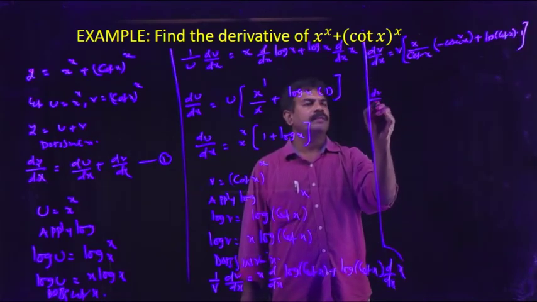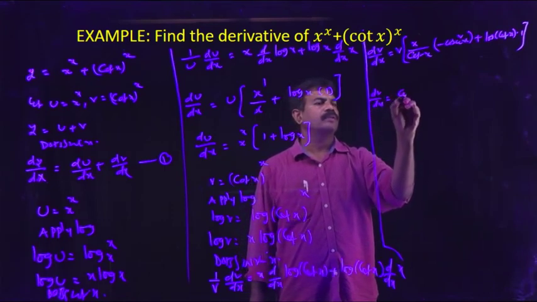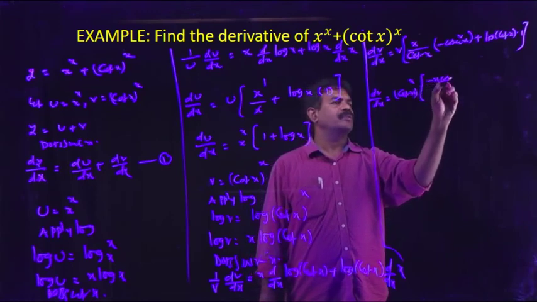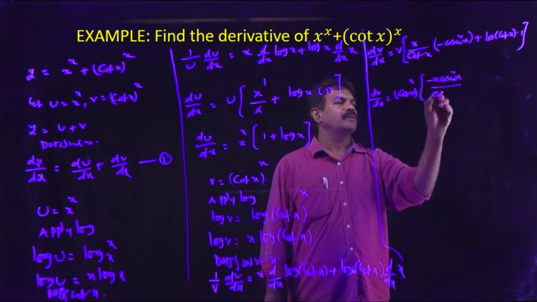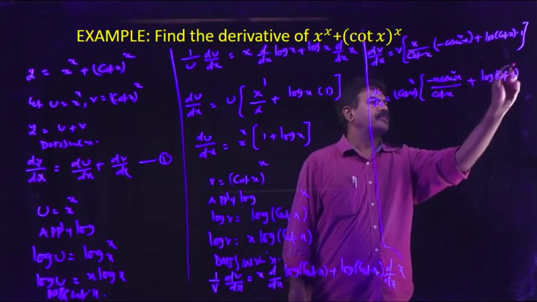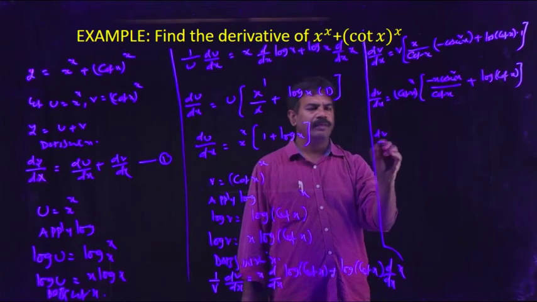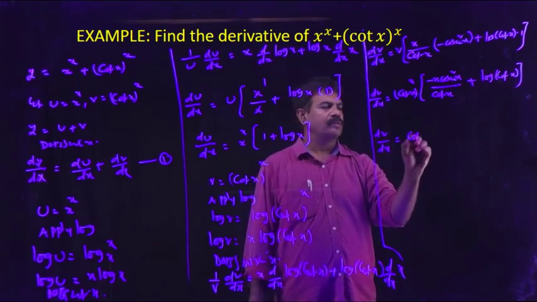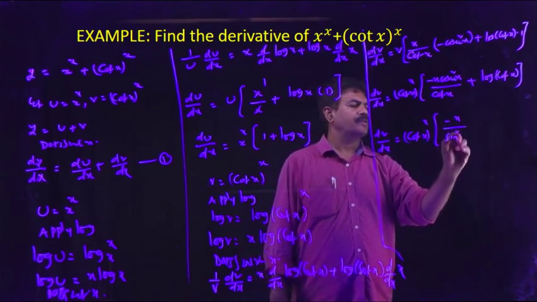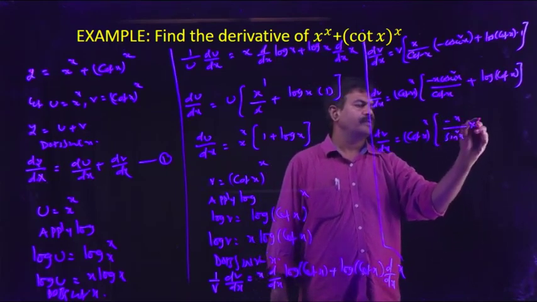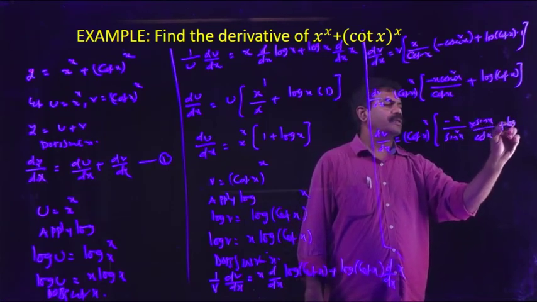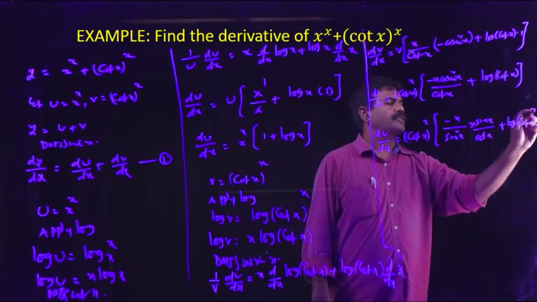dv by dx is equal to, v means cot x power x into minus x into cosecant square x by cot x plus log of cot x. dv by dx is equal to cot x power x into minus x by sin square x into sin x by cos x plus log of cot x.